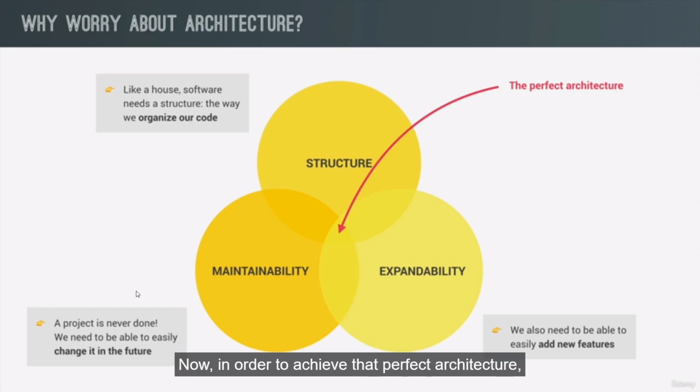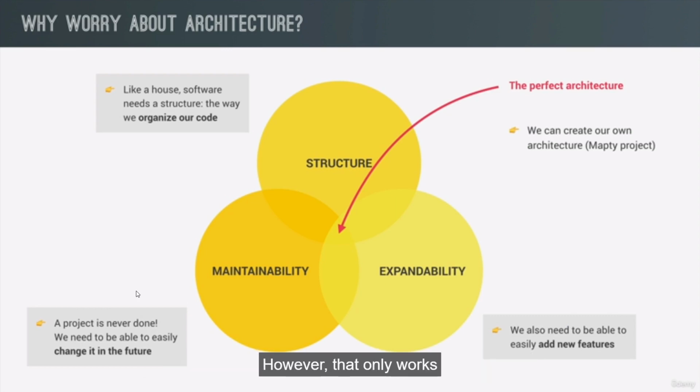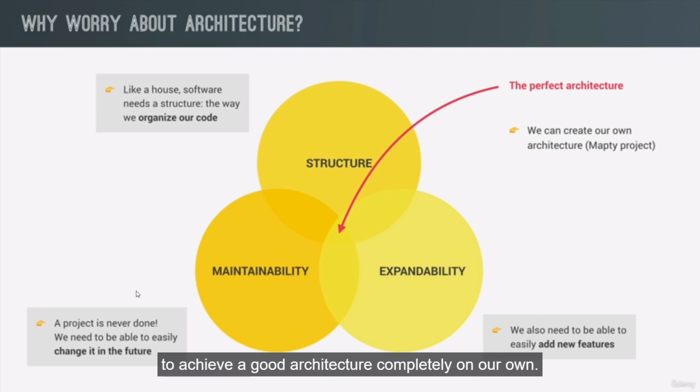Now, in order to achieve that perfect architecture, we can of course create our own architecture from scratch. And that's exactly what we did in the MapT project. However, that only works with a really small project like that one. But when the project grows more complex, then it's going to be very hard to achieve a good architecture completely on our own.